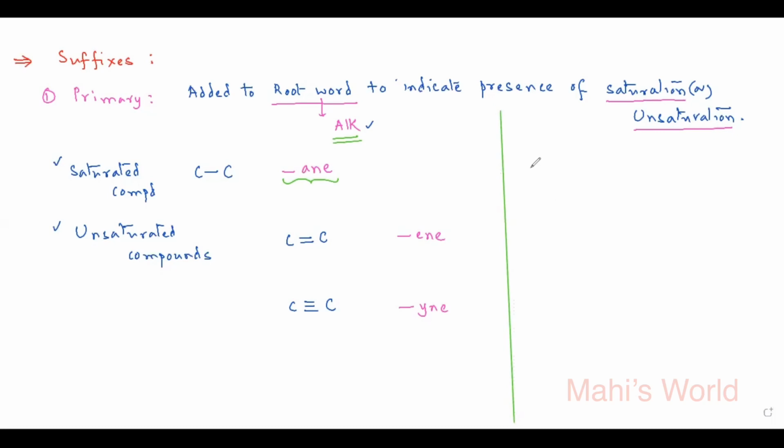So let us take things like if there is one hydrogen less. From ane, if a hydrogen is subtracted, ane minus a hydrogen is said to be yl.